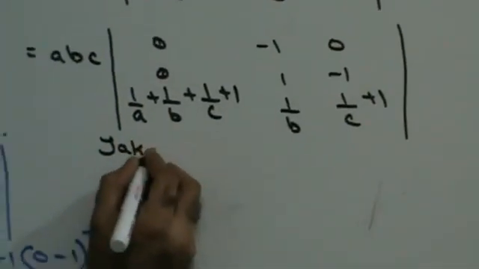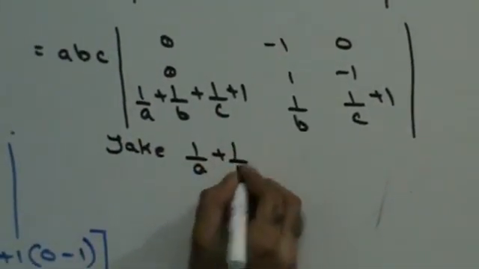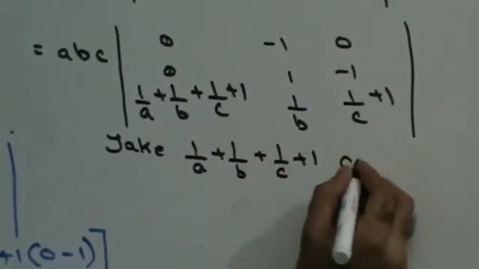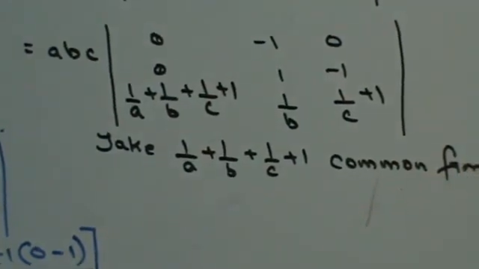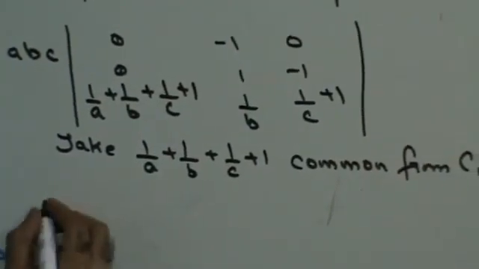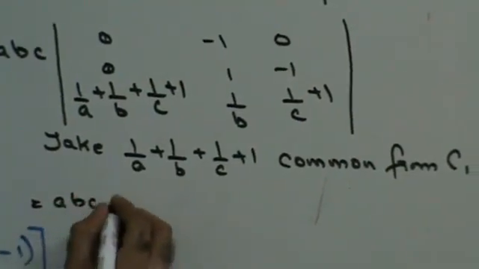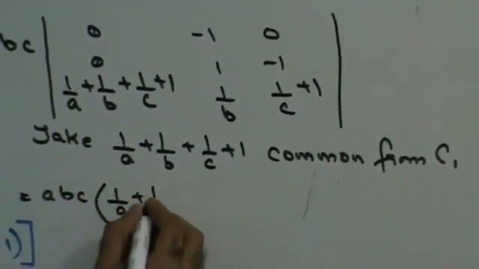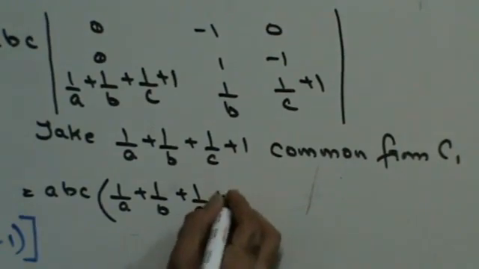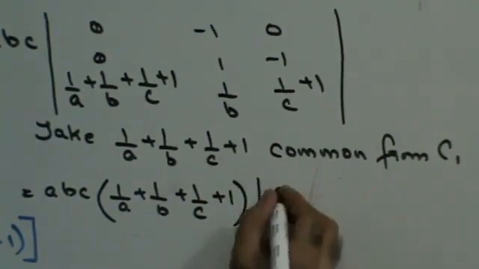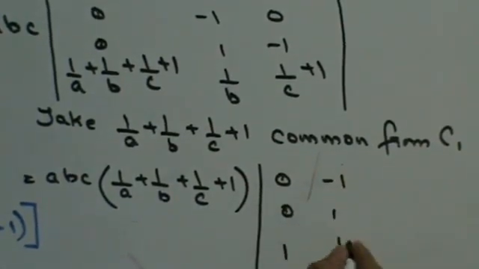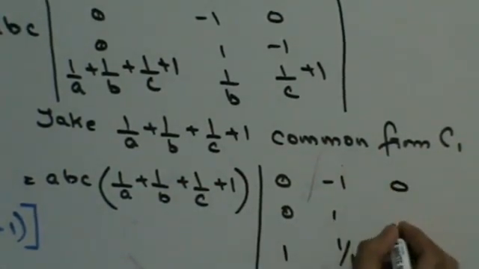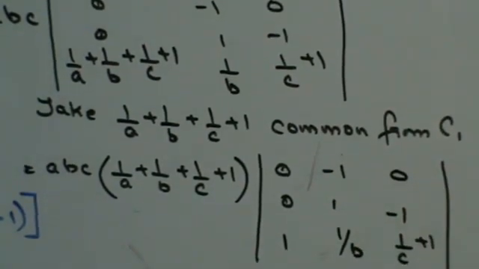Take 1 upon a plus 1 upon b plus 1 upon c plus 1 common from the first column. The other two numbers are 0, so I can take it common. So I'll get abc into 1 upon a plus 1 upon b plus 1 upon c plus 1. That will give you 0, 0, 1, minus 1, 1, 1 upon b, 0, minus 1, 1 upon c plus 1. Right?